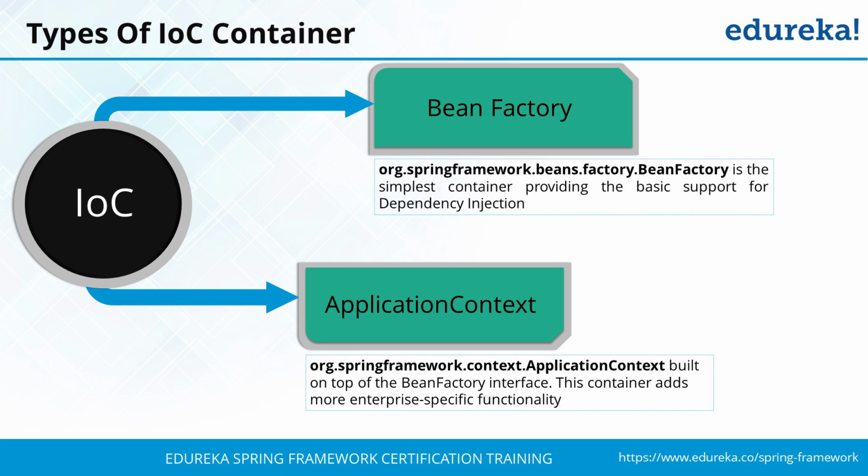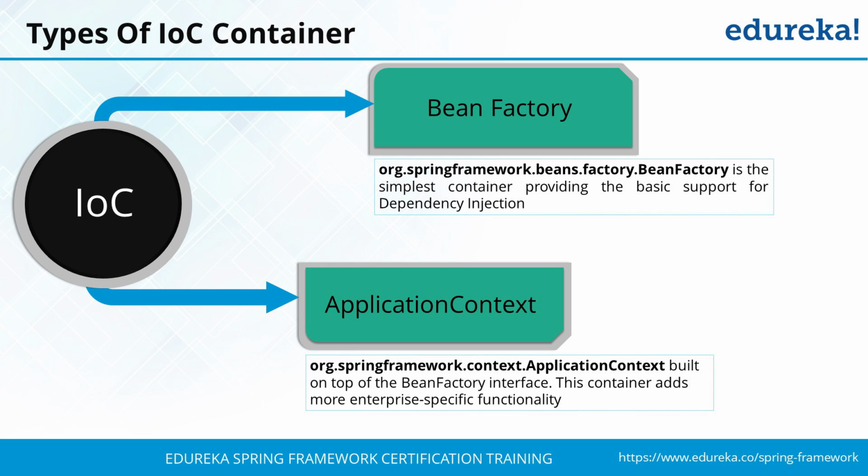So let's see once again. So we got two types of IoC containers. One is the BeanFactory, the other one is the ApplicationContext. BeanFactory will construct the object when you request for them, whereas ApplicationContext will construct the object even if you will not request for them, right? So that's a major difference.